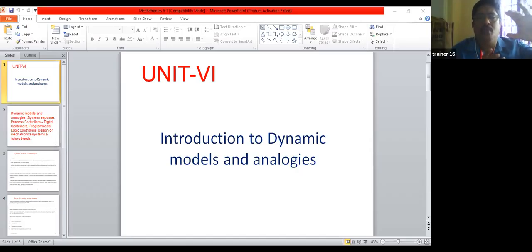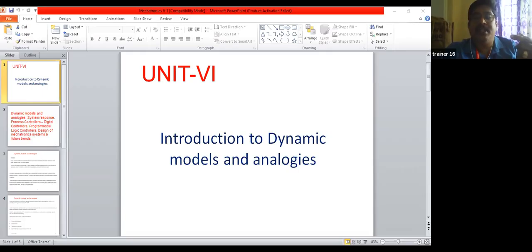In unit two, we discussed solid state electronic devices. In the syllabus, it is diode, BJT (bipolar junction transistor), field effect transistor, diac, triac switches, LED (light emitting diode), and analog signal conditioning.